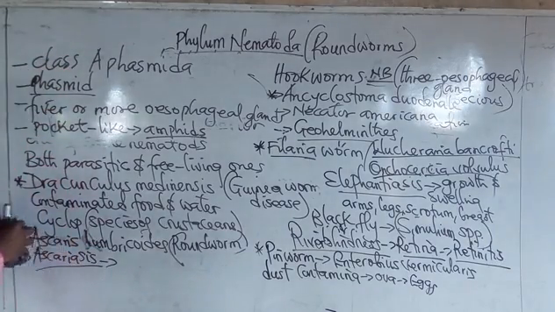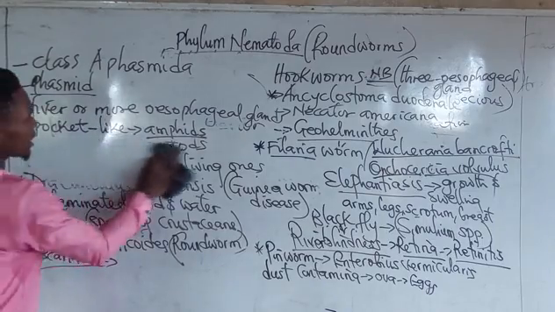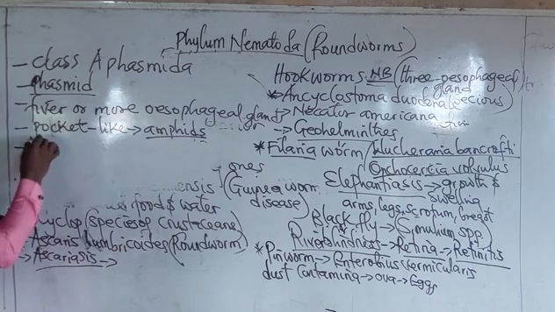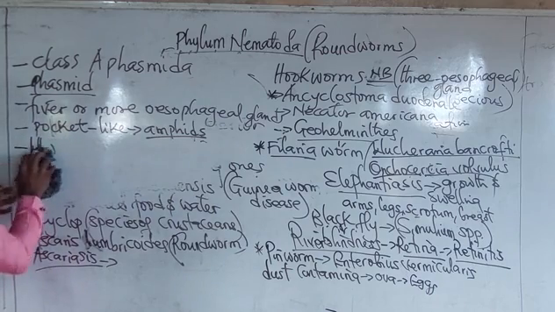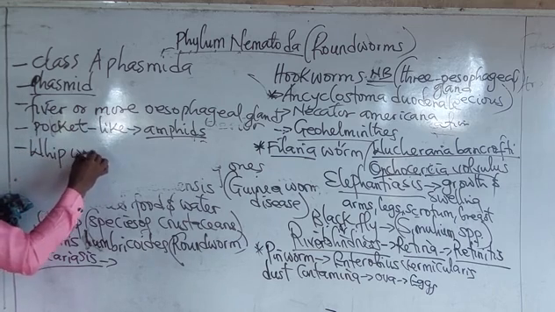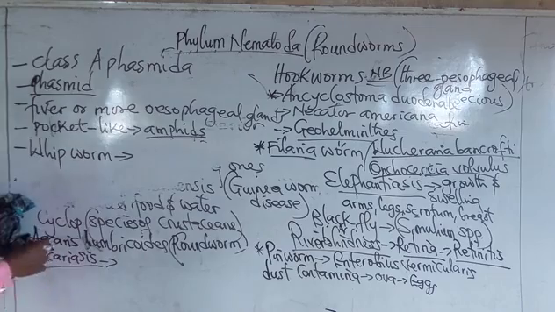Now, this class has both parasitic and free-living organisms. For the parasitic one, you have the whipworm.